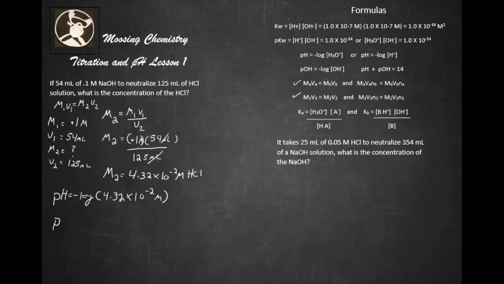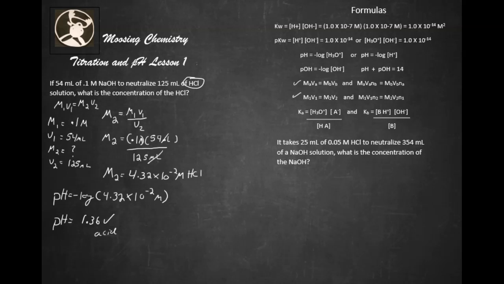So when we punch it into our calculator, we get a pH of 1.36. And guess what, guys? That is definitely an acid. And this is an acid, so this makes complete sense, right?